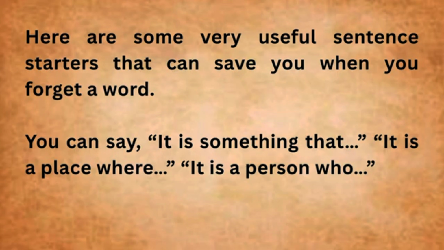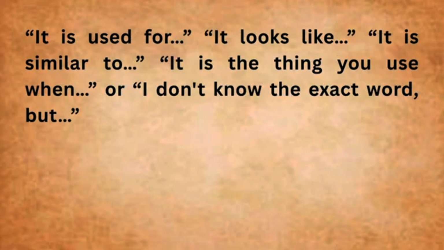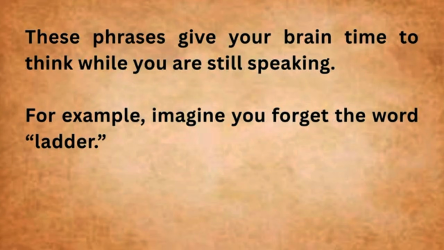Here are some very useful sentence starters that can save you when you forget a word. You can say, "it is something that," "it is a place where," "it is a person who," "it is used for," "it looks like," "it is similar to," "it is the thing you use when," or "I don't know the exact word," but these phrases give your brain time to think while you are still speaking.